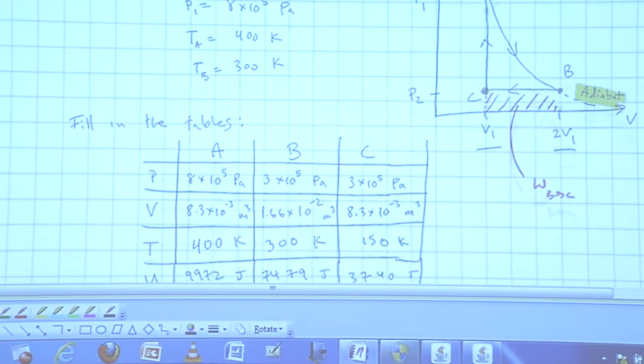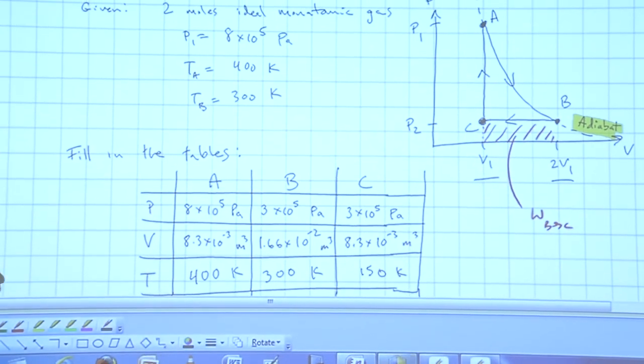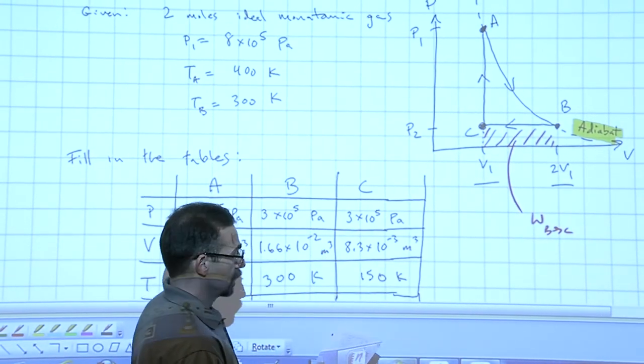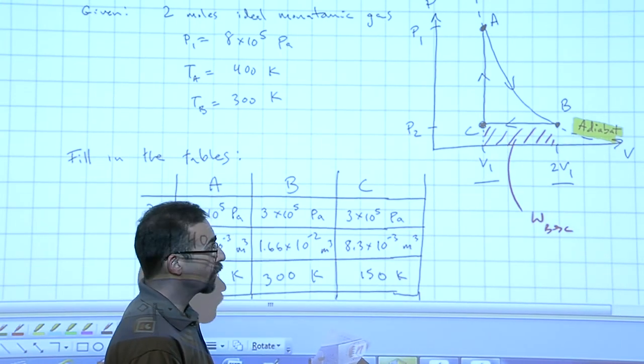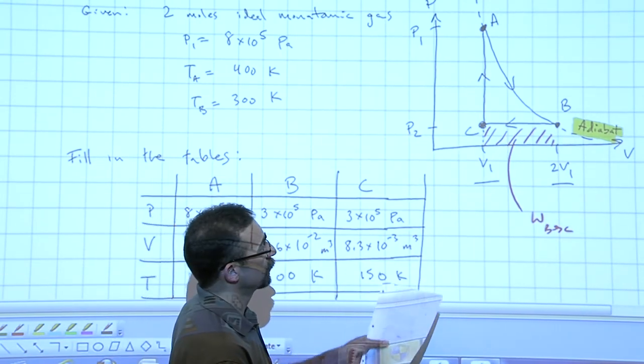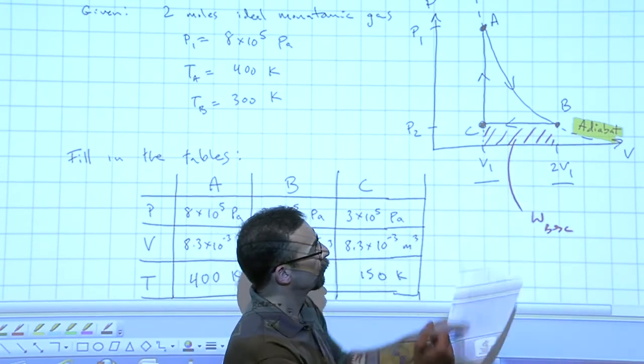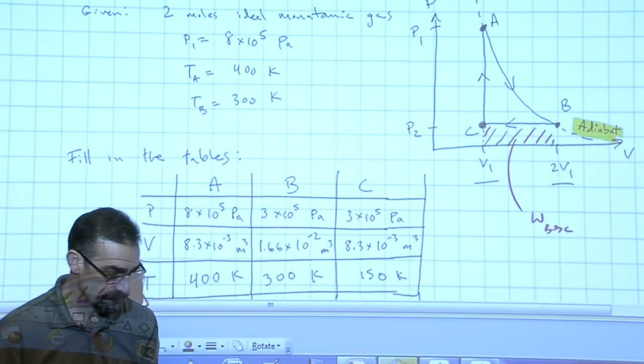How about going from B to C? The gas is compressed. Work has to be negative. We got a negative value. And it just depends now what happens to other things. Typically when you compress a gas, it heats up.